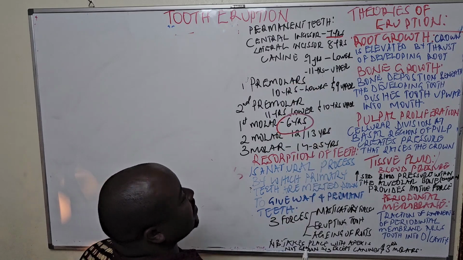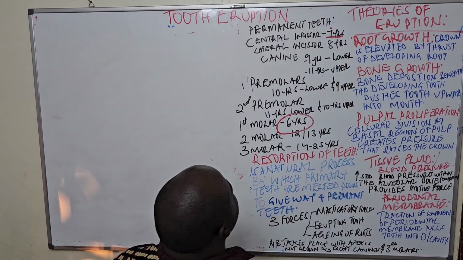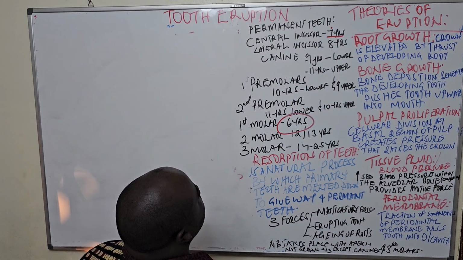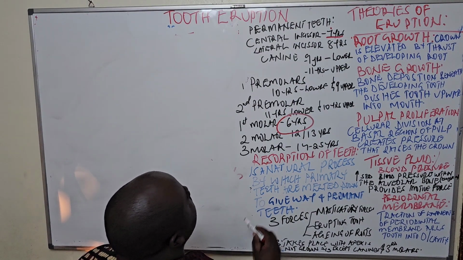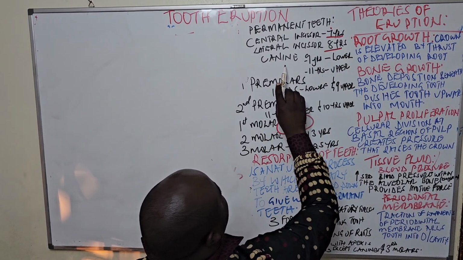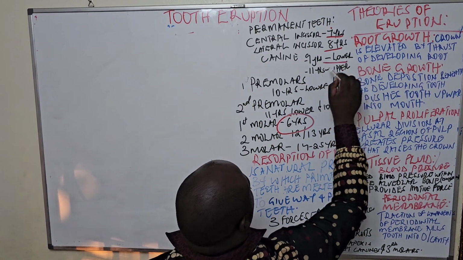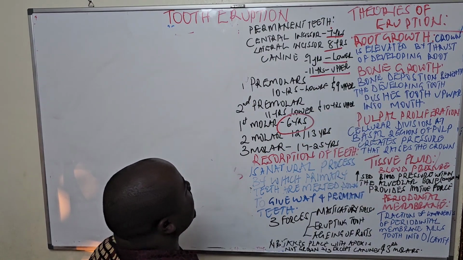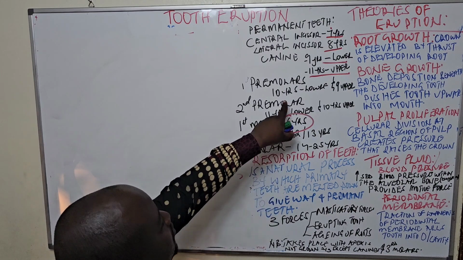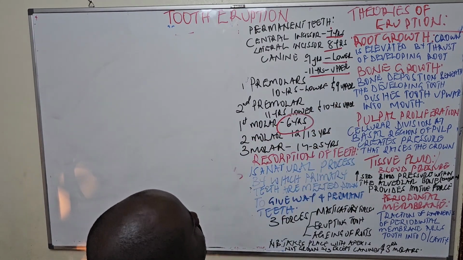After that, the second one will be the central incisor, the lateral incisor will follow, the lower canine will follow the upper canine, like that. For the premolar, lower at 10 years, 9 the upper.